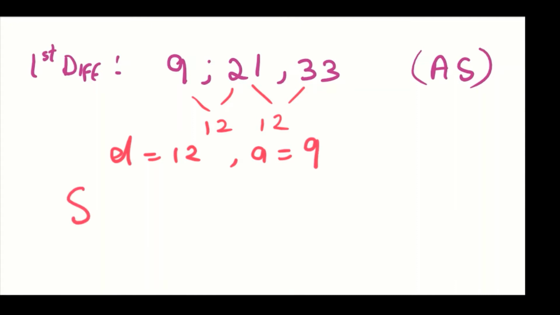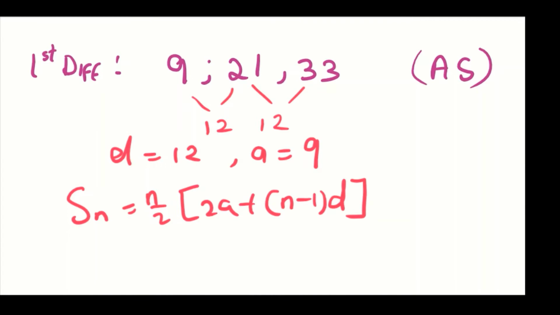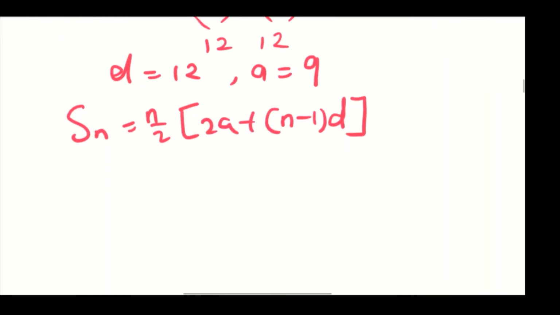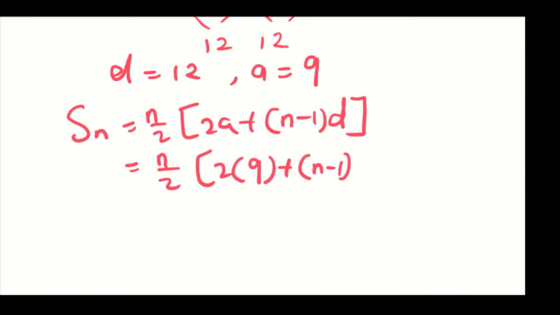So we can find the sum. The sum is equal to n over 2 into 2a plus (n minus 1) multiplied by d, right? So we're just going to substitute. It's going to be n over 2 into 2, our a value is 9, plus (n minus 1), our d value is 12, right?